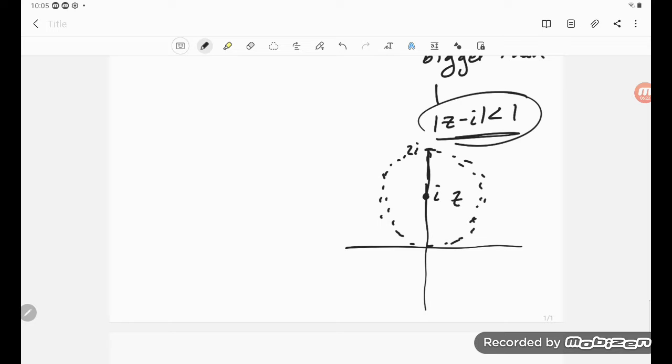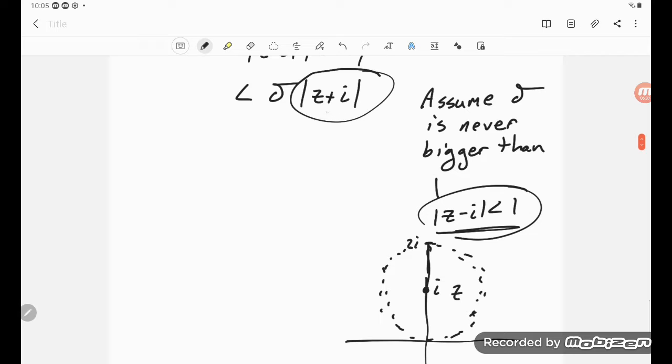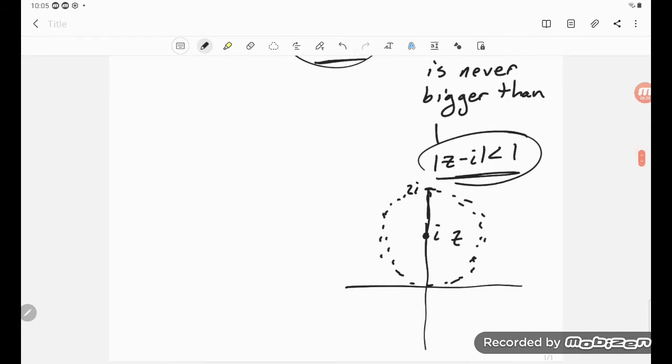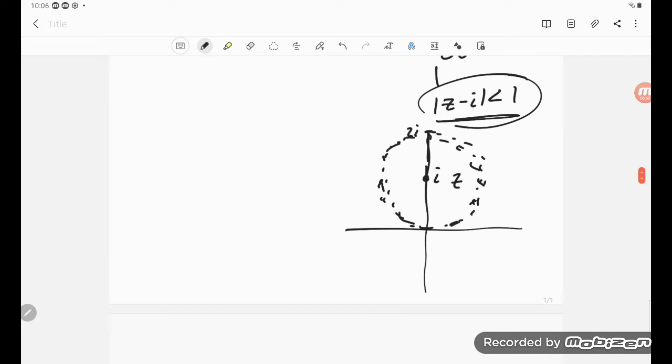So now, I'll come over here to the left. What does that mean about z plus i? Well, up here I had z plus i. If I add i to any z in this circle, it just shifts it up by 1, because i is the y value.